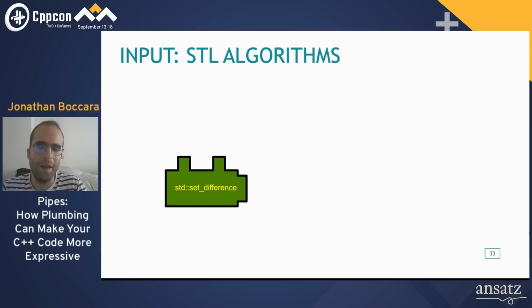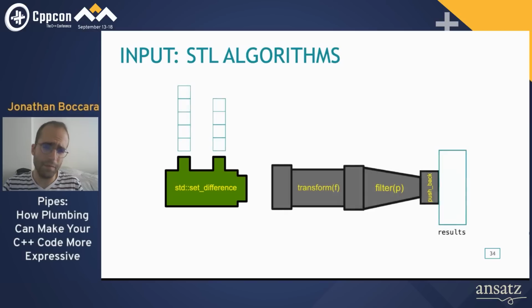Now, there's another thing that we can do to benefit from the push model: pick up the results of STL algorithms without storing them to a container. Imagine this algorithm, set difference, that takes two sorted collections, and outputs to an output iterator the elements that are in the first collection and that are not in the second collection.